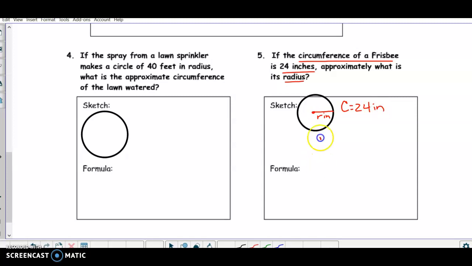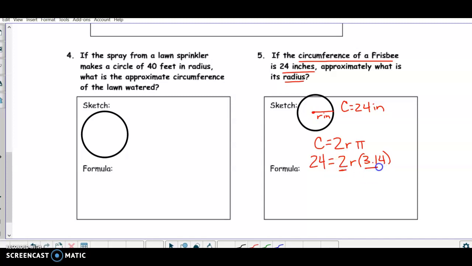So we have our formula, C equals 2 times the radius times pi. And now I'm going to put 24 in place of C. 2 times the radius. We don't know what the radius is. 24 is not a multiple of 7, so we're going to use 3.14 for pi, and we're going to have to use our problem solving of equations to do this.